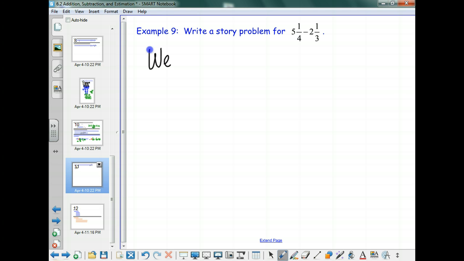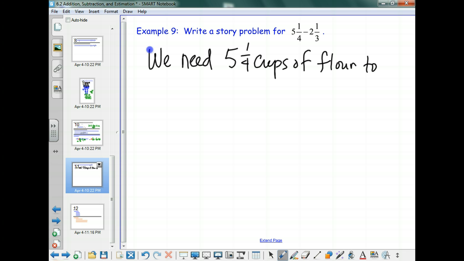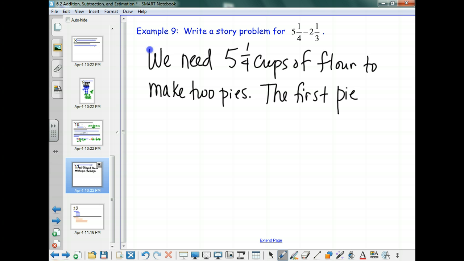Okay. All right, so we need 5 1/4 cups of flour to make 2 pies. Now what? All right, so that'll work. The first pie, so there must be different pie recipes or something, right?